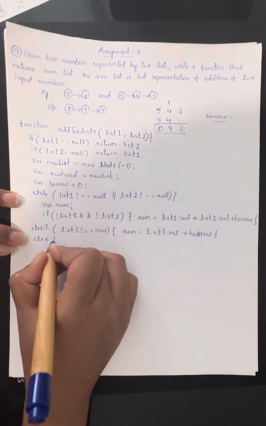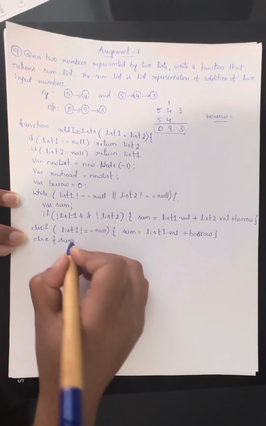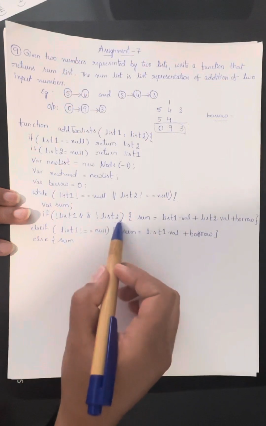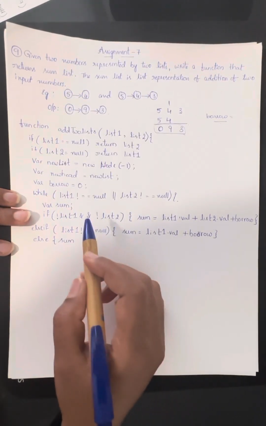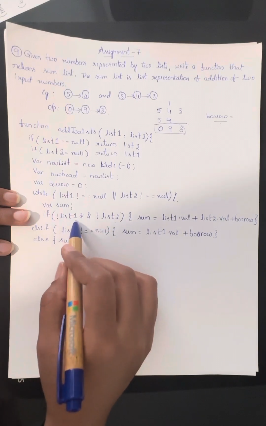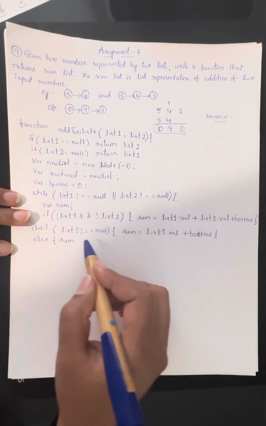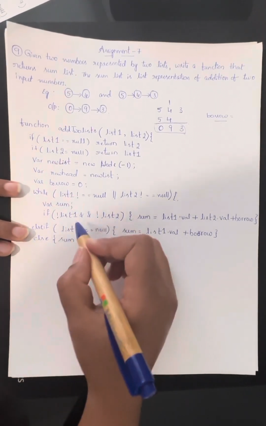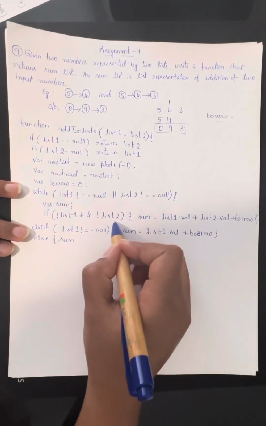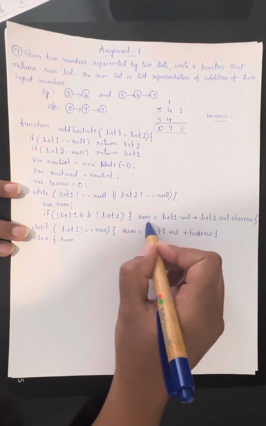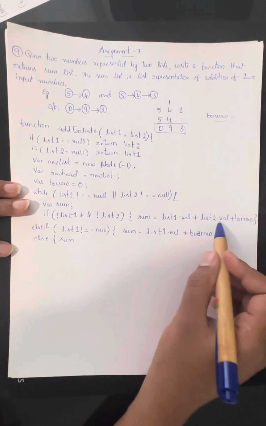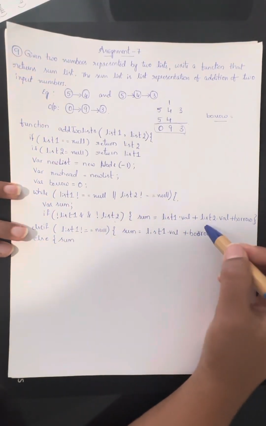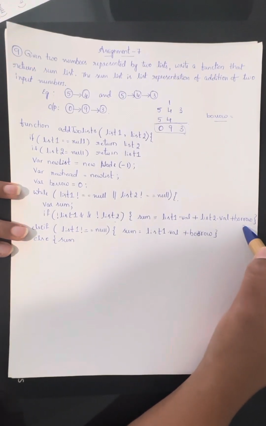Else. If both list 1 and list 2 are not null, then in the sum we add the values from both list 1 and list 2, and for the result sum we also add the borrow if there is any.